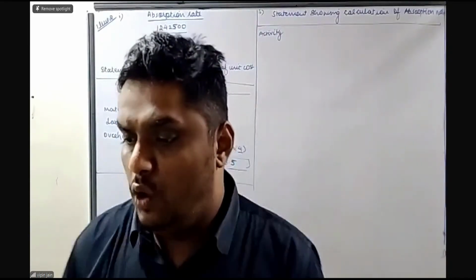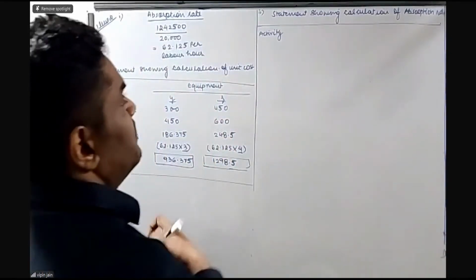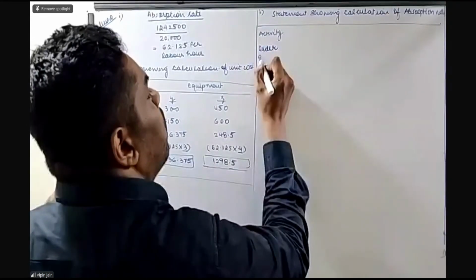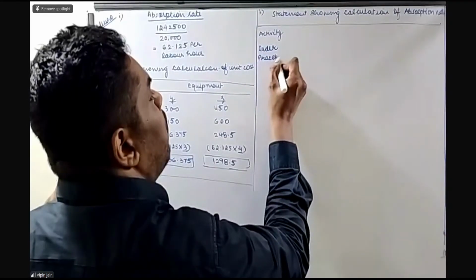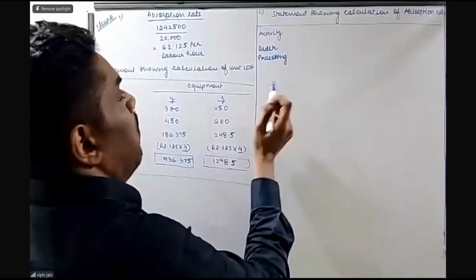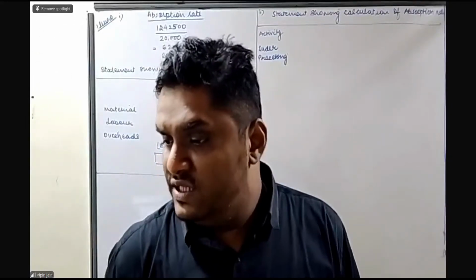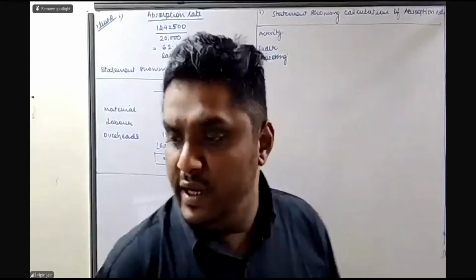The first one is order processing. Second one is machine processing, and third one is product inspection.